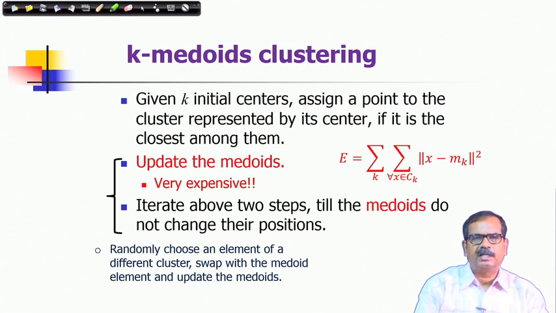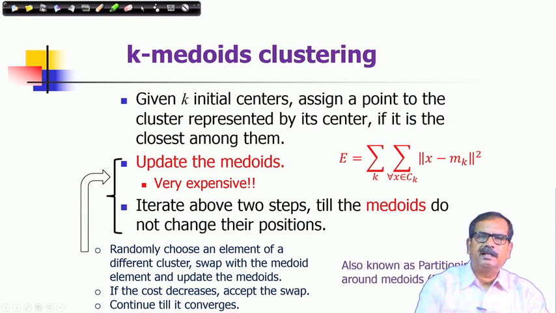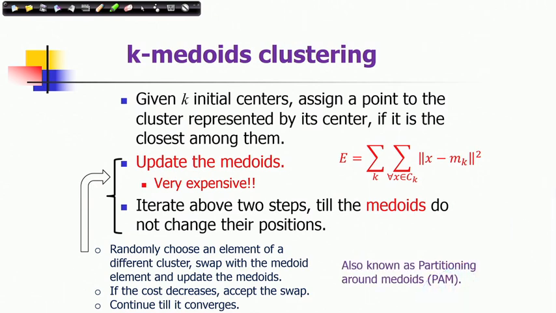So, randomly choose an element of a different cluster and swap it with the medoid element of one of the clusters, and update the medoids. If the cost decreases, then only you accept the swap, and then you continue these operations till it converges. This algorithm is also known as partitioning around medoids, or PAM.